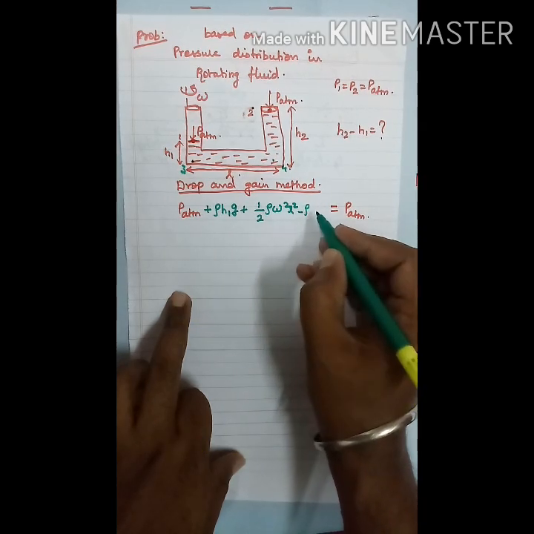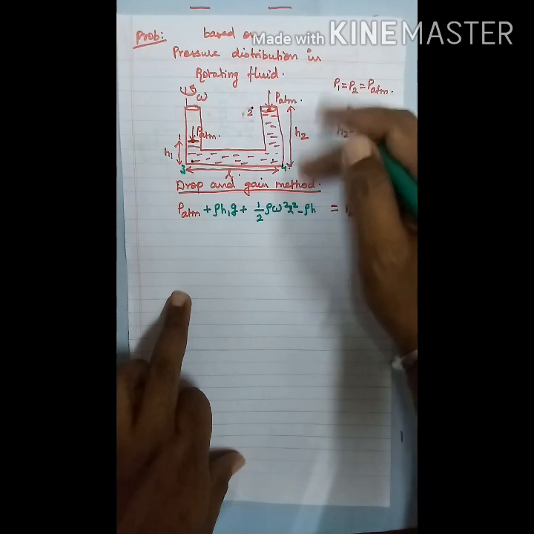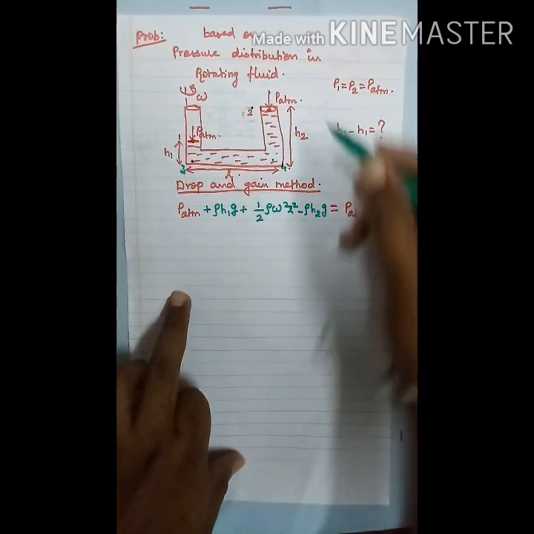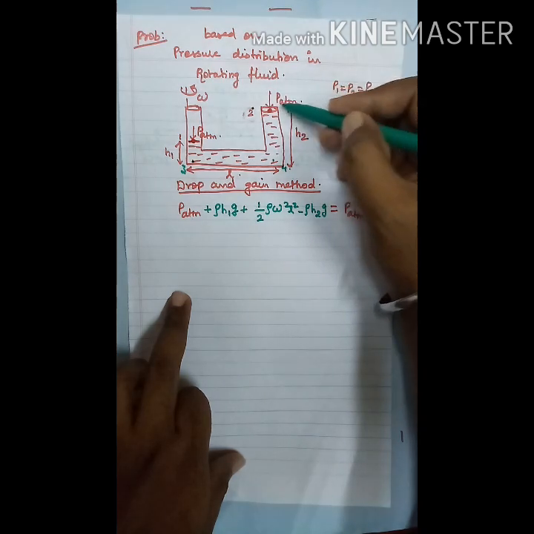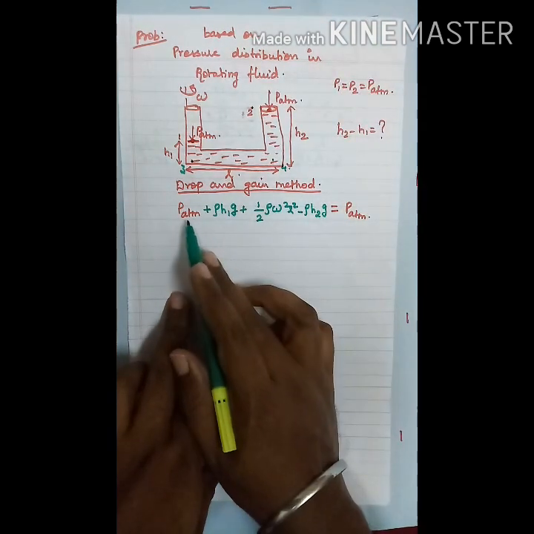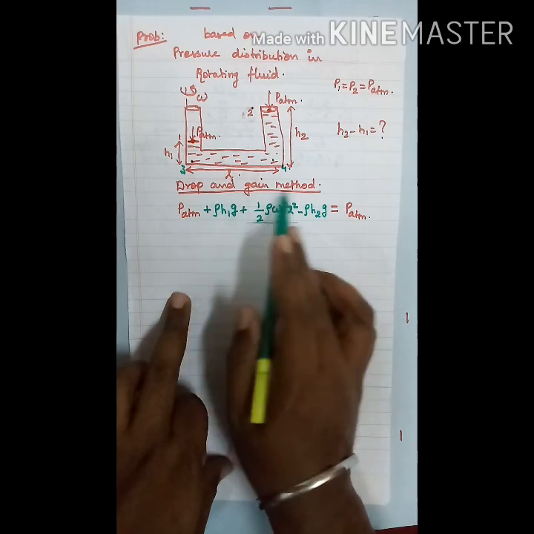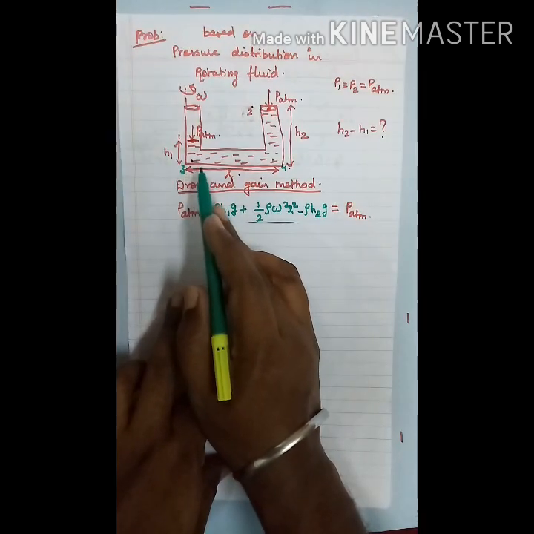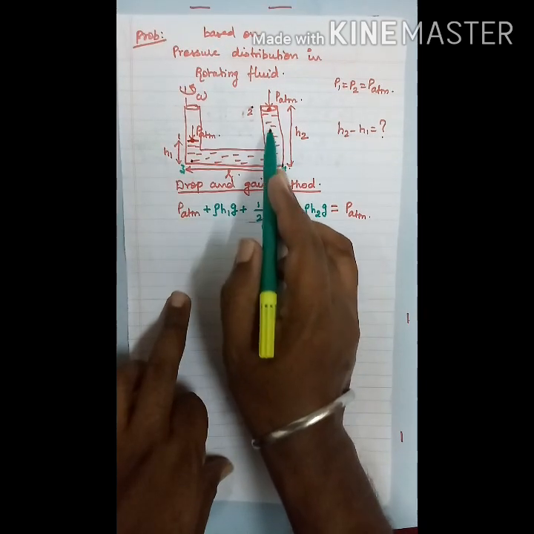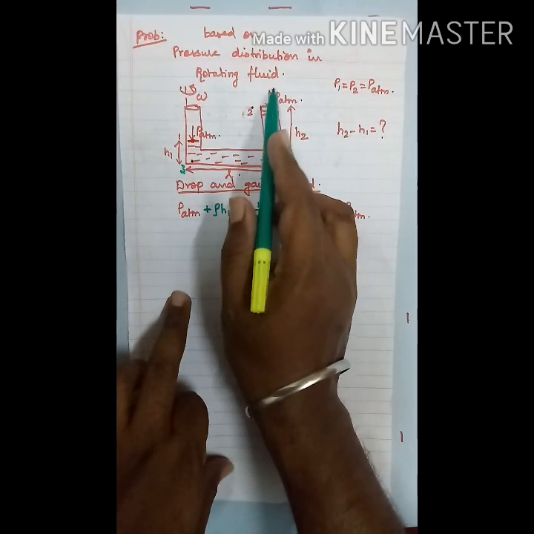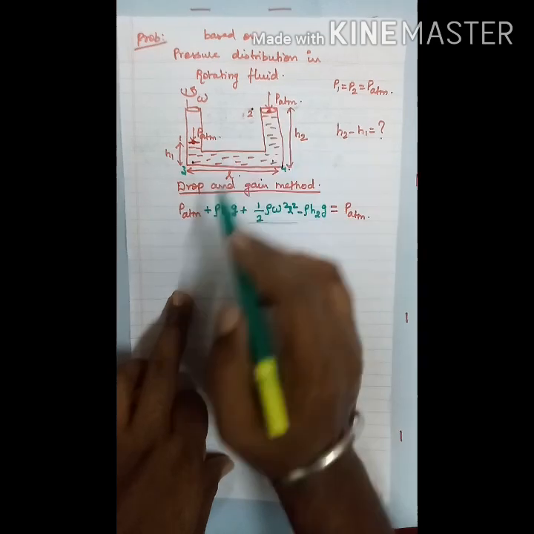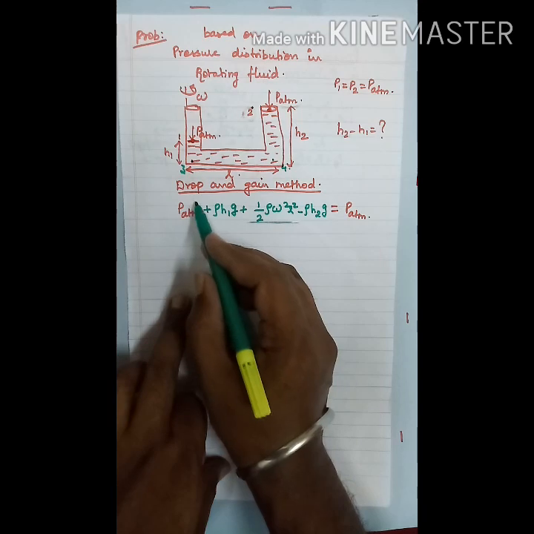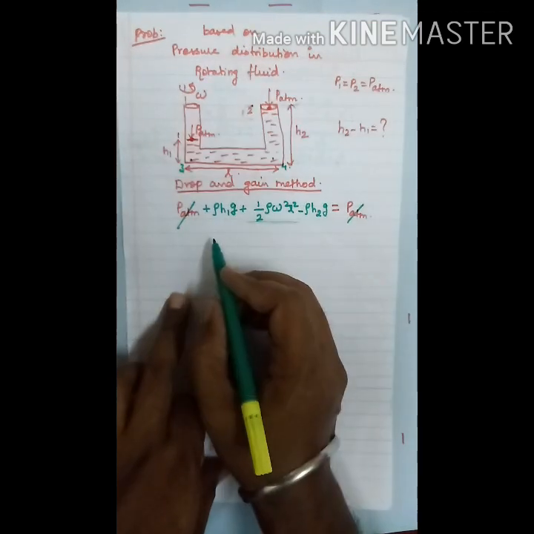Then it is rho h2 g, the height of the liquid column being h2, and that is equal to the atmospheric pressure here. So this way of writing is the drop and gain method. From here you are increasing the pressure, then increasing the pressure, then decreasing the pressure, and finally reaching the same pressure. So P atmospheric will be equal to P atmospheric, and these two will get cancelled.